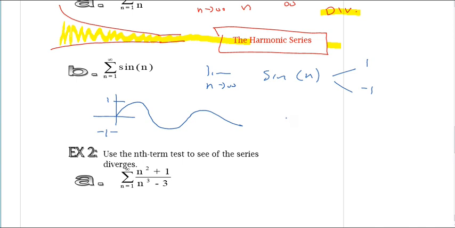So we say that this one definitely diverges, and also if you wanted to use the test, 1 and negative 1 is not 0. So it does diverge because it oscillates. We're not going to know what it actually hits, so this one does diverge.